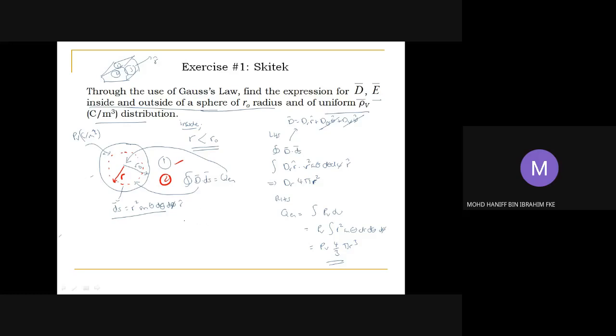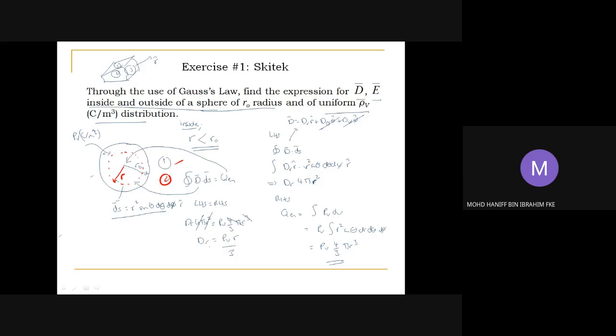So we can equate the left-hand side and right-hand side. We have Dr 4πr² equals ρv (4/3)πr³. Cancel out the 4π, cancel out the r, and we have Dr equals ρv r divided by 3.